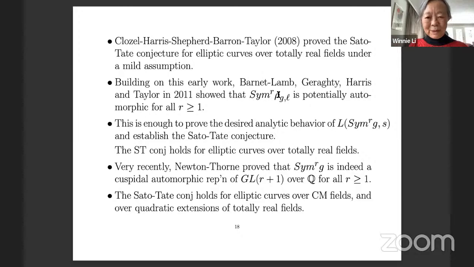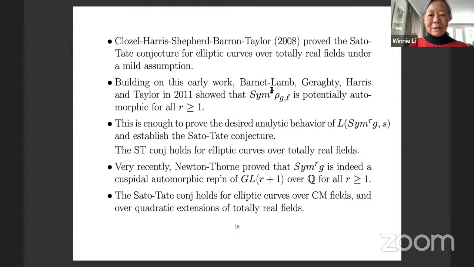That means they correspond to the cuspidal representation of GL R plus 1 over a higher extension of Q. Okay. And the key thing is that this potential automorphy is enough to derive the desired analytic behavior of the L function on the boundary of absolute convergence as described. Okay. Therefore, they proved the Sato-Tate conjecture this way.